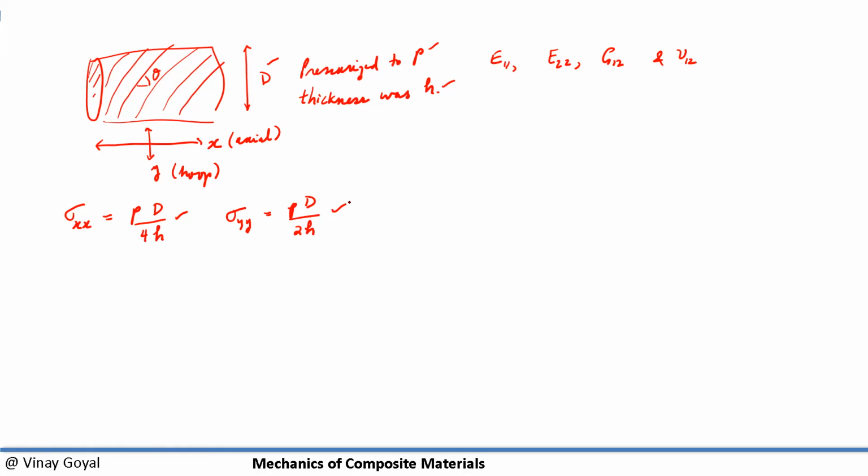And now all I have to do is use the transformation formulas. And the transformation formulas are simply sigma 2. We discussed those before. And then we have sigma 1, 2.